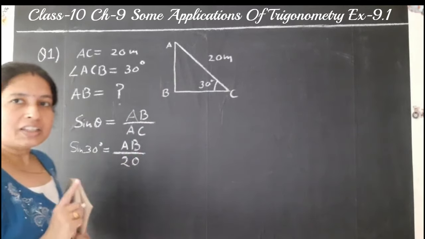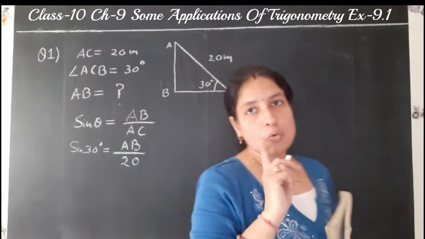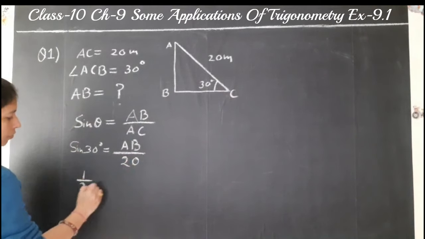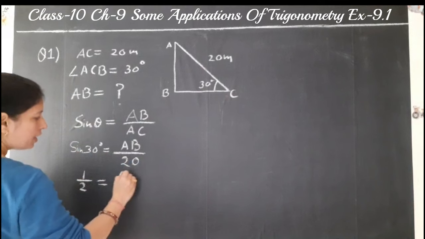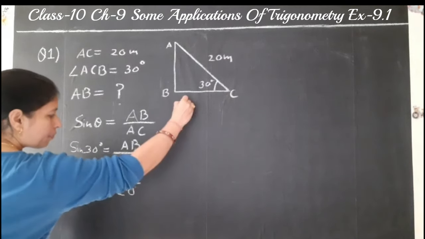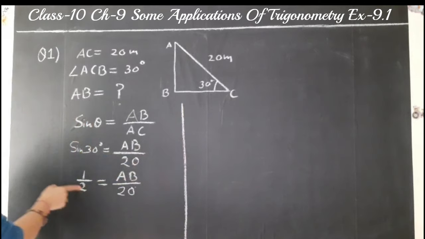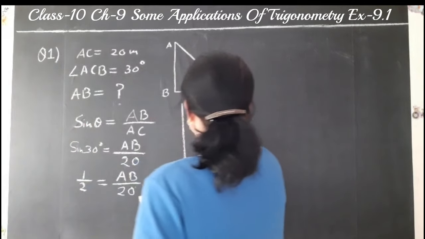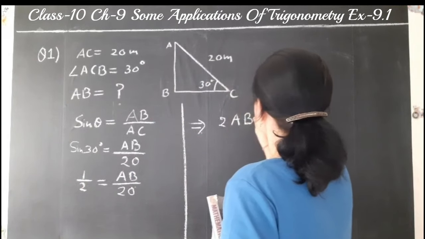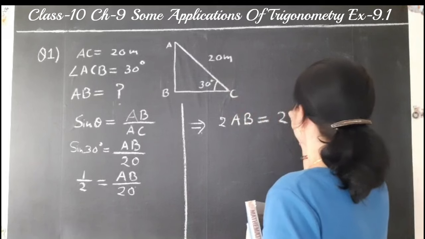What is the value of sine 30? Yes, sine 30 is equal to 1 by 2. So write here 1 by 2. Write here AB divided by 20. Then do here cross multiplication. We get 2AB is equal to 20.